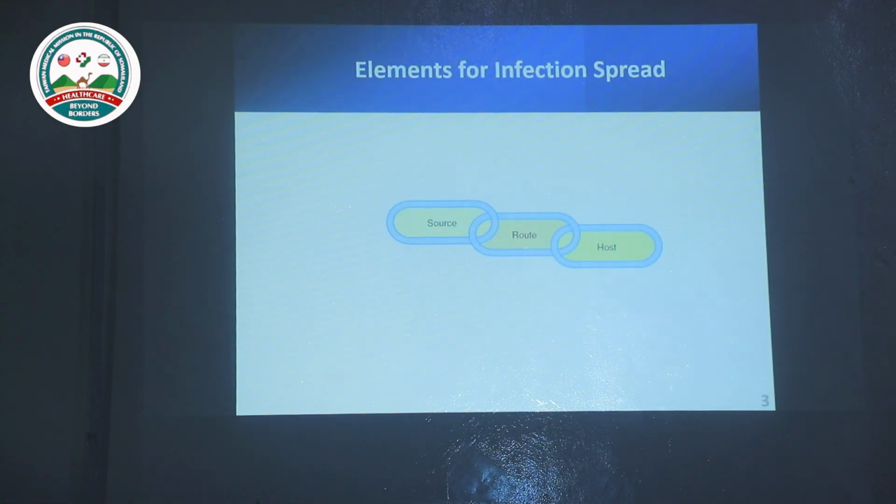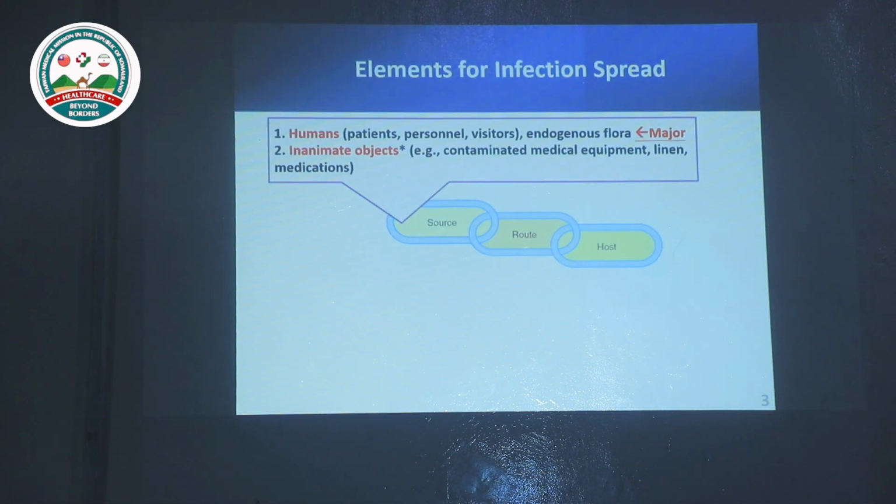Okay, before that, I need to talk about the elements of infection spread. The most important first part is the source. The source includes humans, which are a major source of infection spread, including the patients, caregivers, and also the visitors and family members.